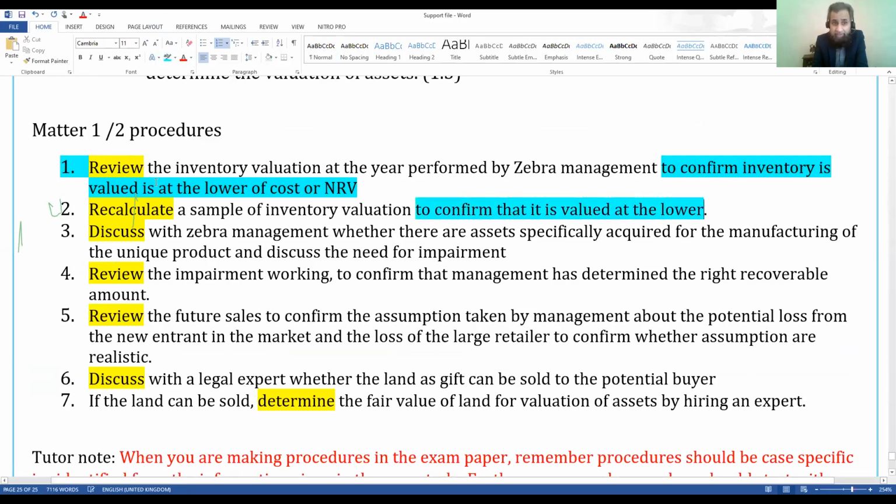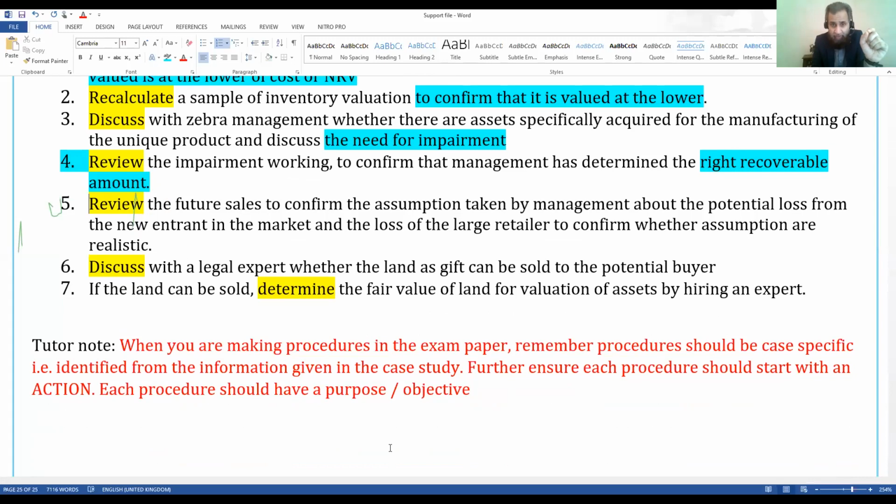Purpose. Discuss with management. Why? Discuss with management to confirm is there any need for impairment. That's the purpose. Review the impairment working. Why? To confirm the right recoverable amount. So every procedure should have a purpose. A procedure cannot be without purpose. Please be very careful about that.